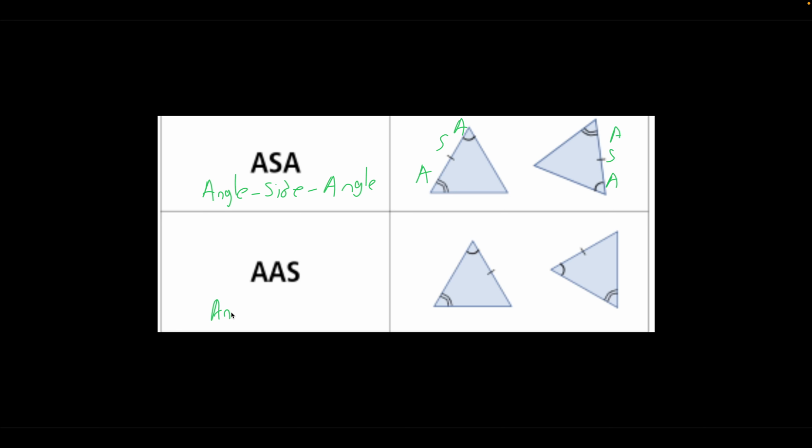AAS is angle, angle, side, and for this one, it's important to note that the side cannot be between the two angles. The side must be off to the side. So we have angle, angle, and a side. Here we have angle, angle, and a side. The side cannot be between the two angles.